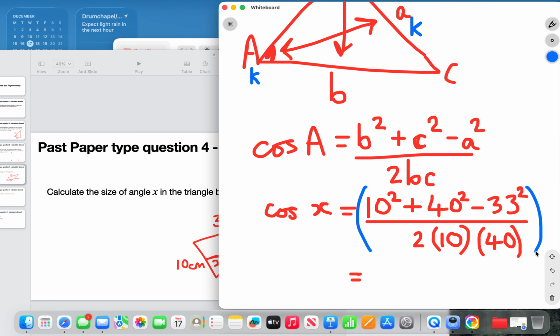It's equal to the cosine of X, and the value of the cosine of X is 0.76375.